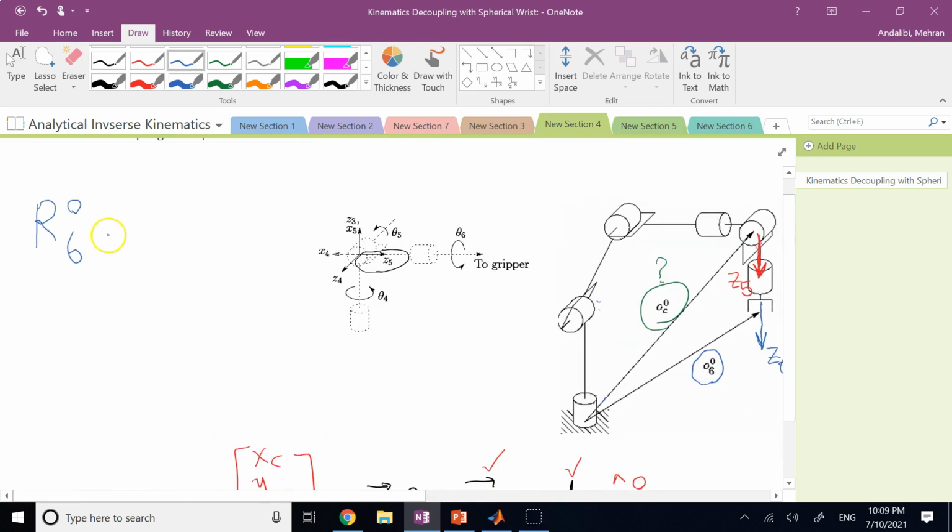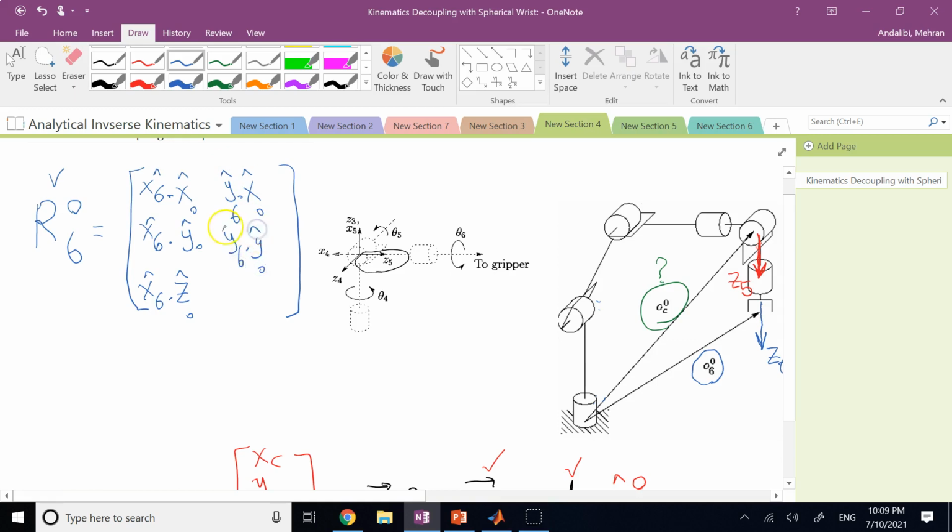If you remember this rotation matrix of 6 with respect to 0, which is given to me, what's the definition of this? It is x6 projected along x0, y0, and z0, correct? That's the first column of this guy. Then I have y6 projected along x0, y0, and z0.